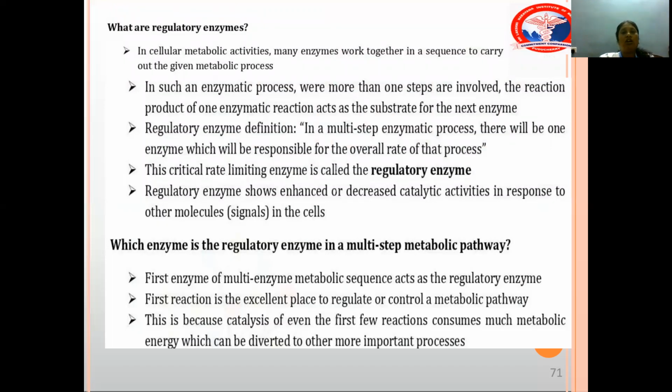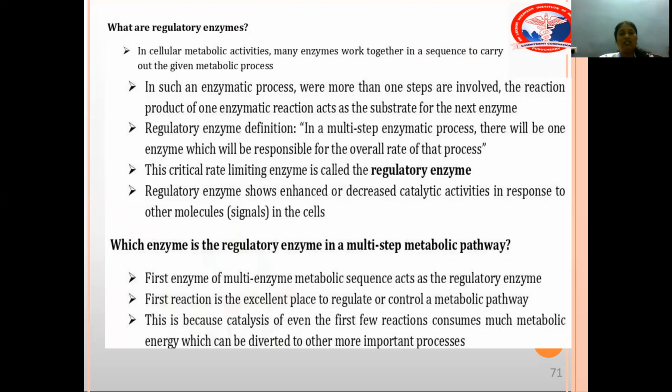So what are regulatory enzymes? In any cell during a metabolic activity, many enzymes will work together synchronously and sequentially to carry out the required metabolic process. In such a condition, where multiple steps are involved, the reaction product of one enzymatic reaction, that is the product of the previous reaction, will act as a substrate for the subsequent reaction.